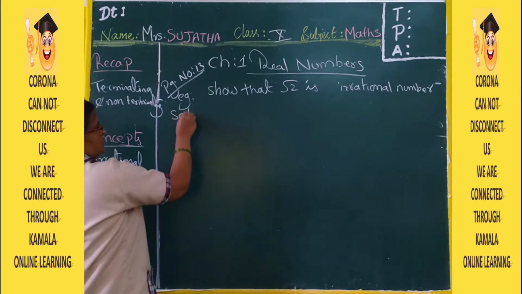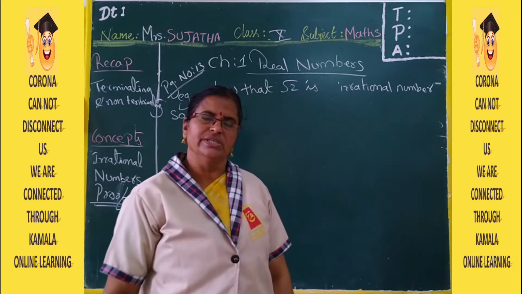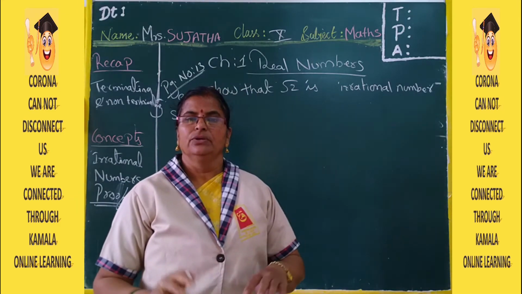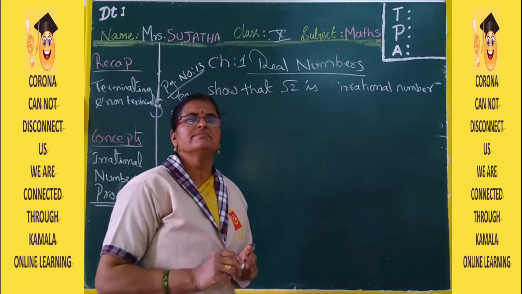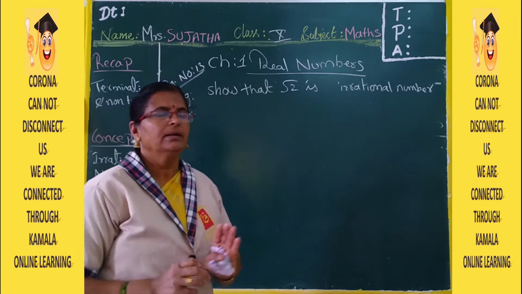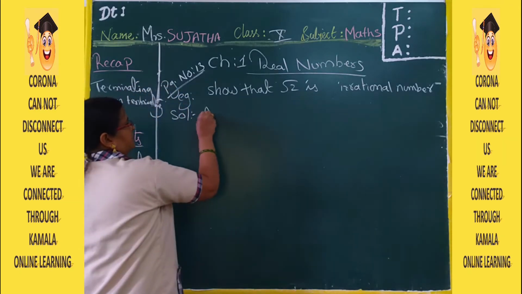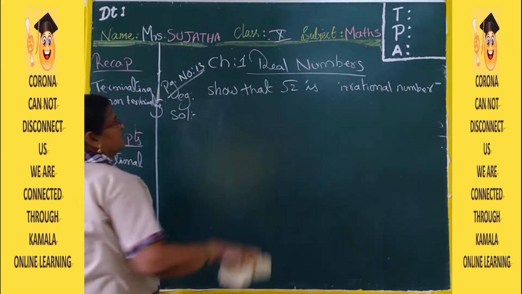So, solution. You know that root 2 is an irrational number. But here, how will we take it? You have to take its reverse. Means you have to assume that root 2 is a rational number.